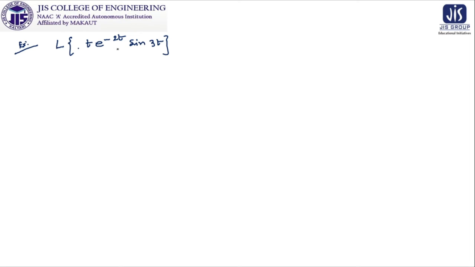So here we can easily identify that our job is three steps. First is Laplace transform of sin 3t, which is equal to 3 by s squared plus 9. After that, we can find out in two ways.